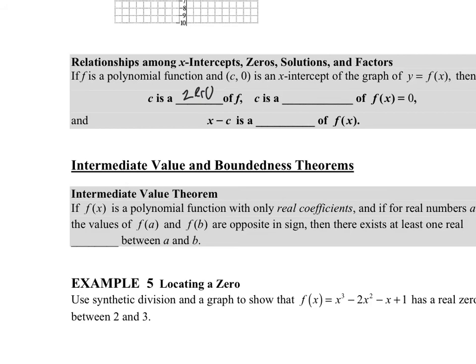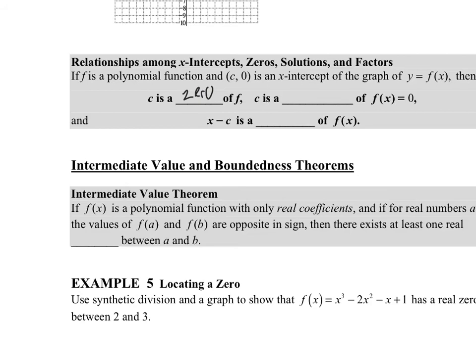If it's called a 0, it's also called a root or solution, or it's an x-intercept. Yeah, really, he could use any of those words. It's really hard to decide what he's actually trying to put in there.